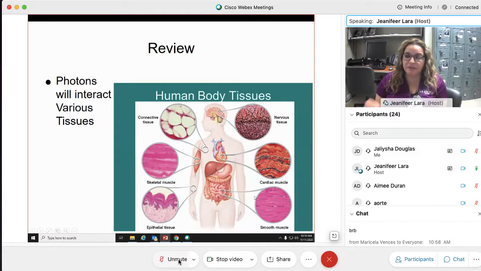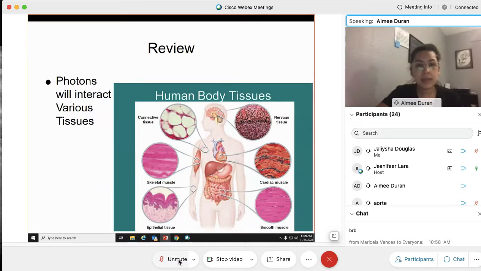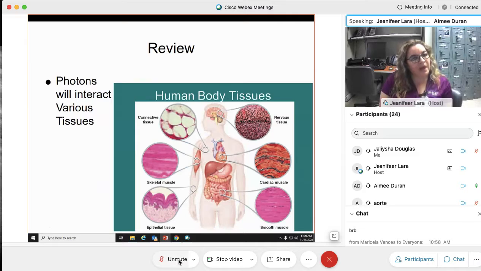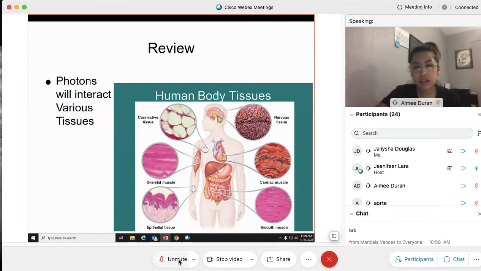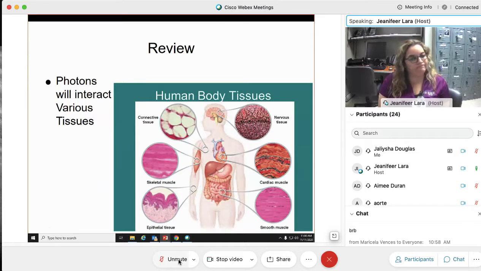What does tissue density mean? It's the amount of thickness of that body structure. What if I had a lot of adipose? Is that dense? Okay, so what does dense mean? When you think about it, how tightly compacted it is.